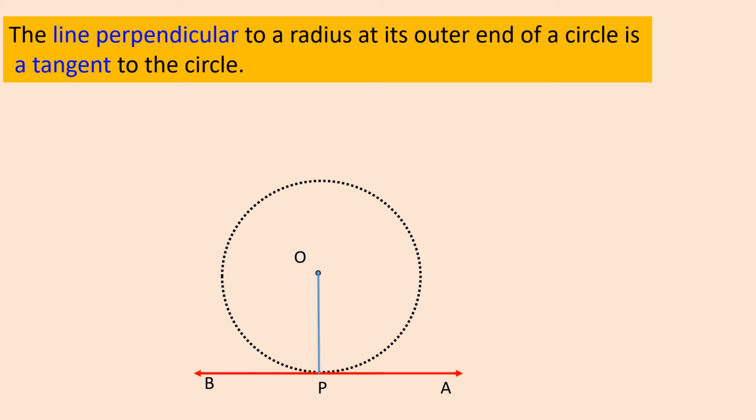Which is the outer end of radius OP. Then this line we will call a tangent. So again I'll say, a line perpendicular to the radius at its outer end is a tangent to the circle.